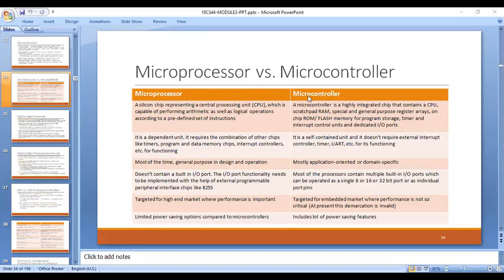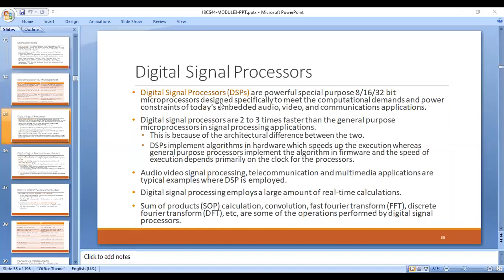That's the difference. And there is one more thing called the digital signal processor, which is a powerful special 8, 16 or 32-bit microprocessor designed specifically to meet the computational demands and power constraints of today's embedded video and audio as well as communication applications.